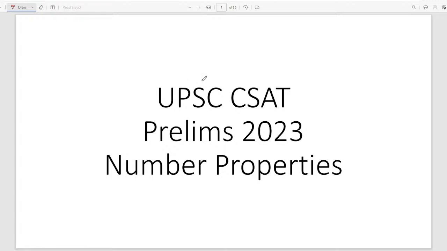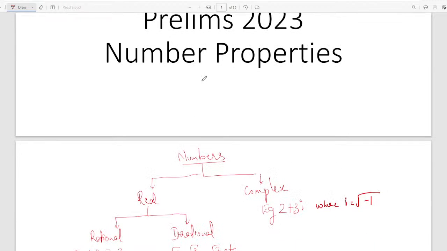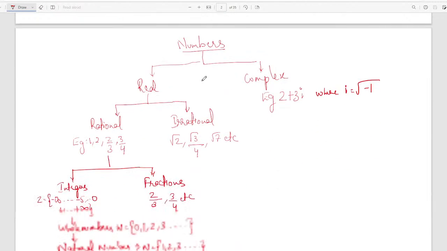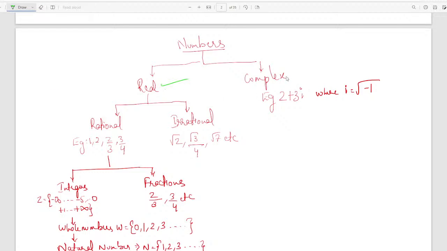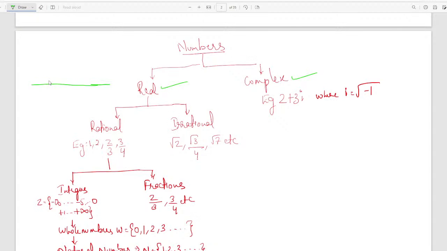So what are numbers? Numbers can be classified into real numbers and complex numbers. The chart that I've already prepared. A real number is any number that can be denoted on a number line.